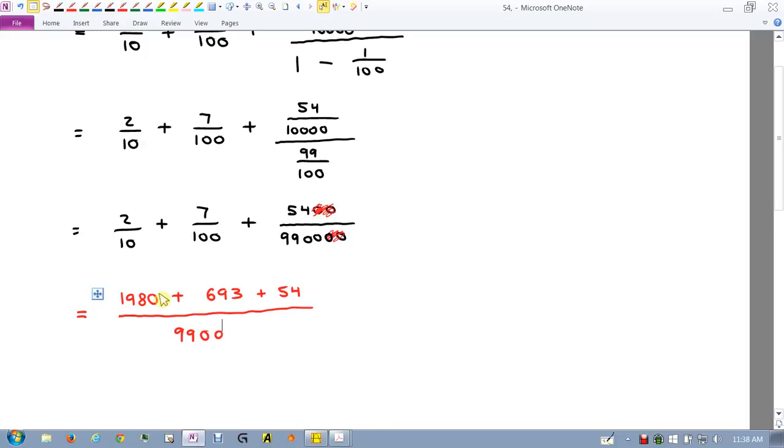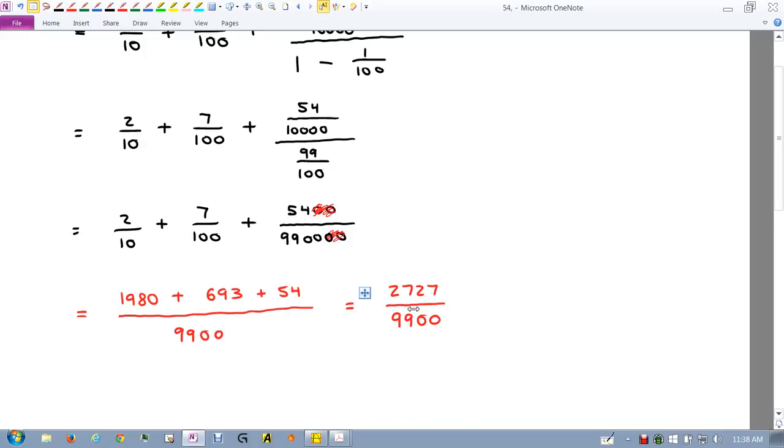Check it. Add these up. What's 1980 plus 693 plus 54? Who's got that for me? I don't feel like doing arithmetic. What is it? 2,727 over 9,900.